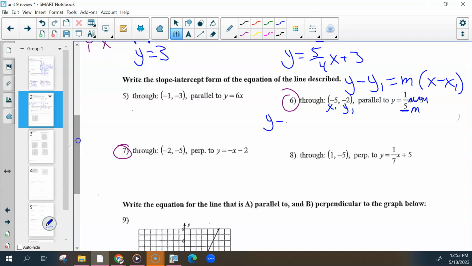Y minus y1 is negative 2 equals our slope 1/5 times x minus x1 is negative 5. Before we do anything else, we have to make the minus negative a plus. And then after that, distribute.